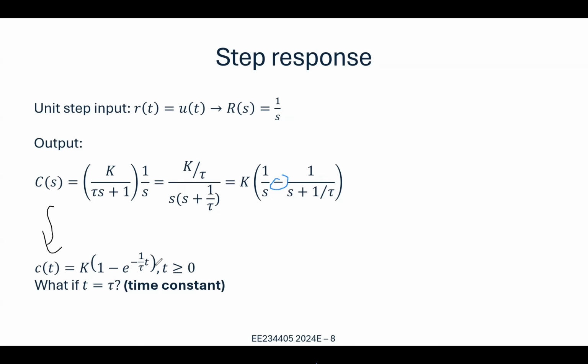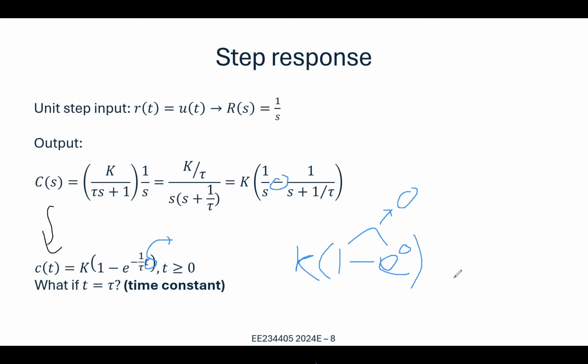So t is the one that keeps changing, right? At time 0, you will have k times 1 minus e to the 0 here, so this is actually 0.